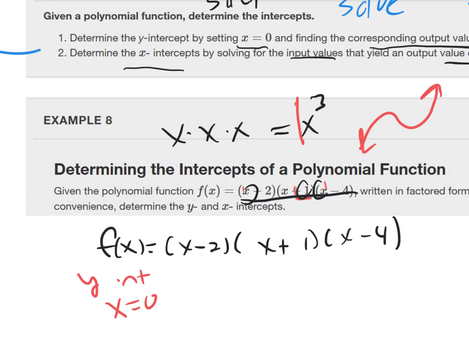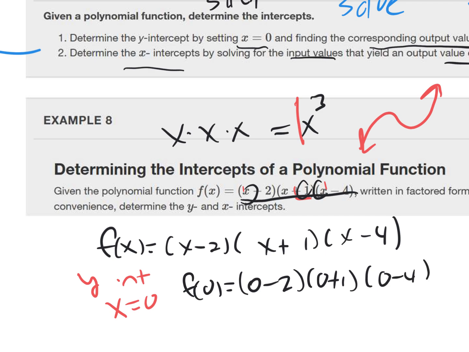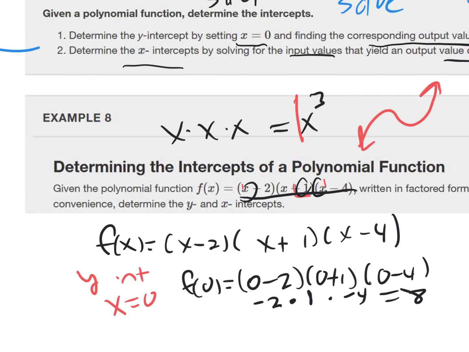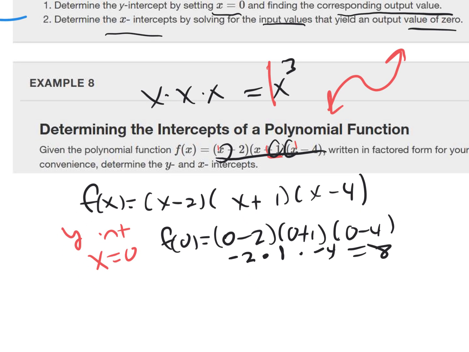So I'm going to do f of 0 will be 0 minus 2, 0 plus 1, 0 minus 4. 0 minus 2 is a negative 2, times 0 plus 1 is a 1, times 0 minus 4 is a negative 4. That turns into a positive 8. So that ordered pair will be x was 0, negative 8.